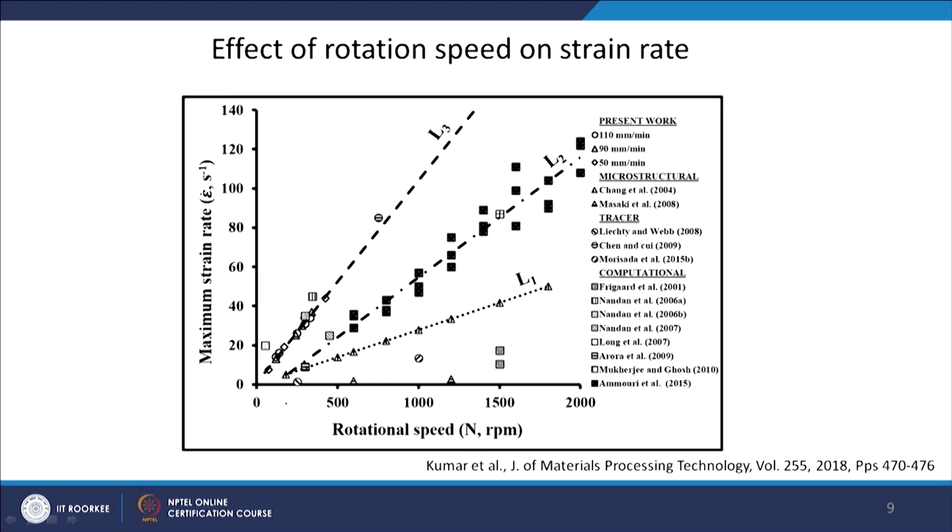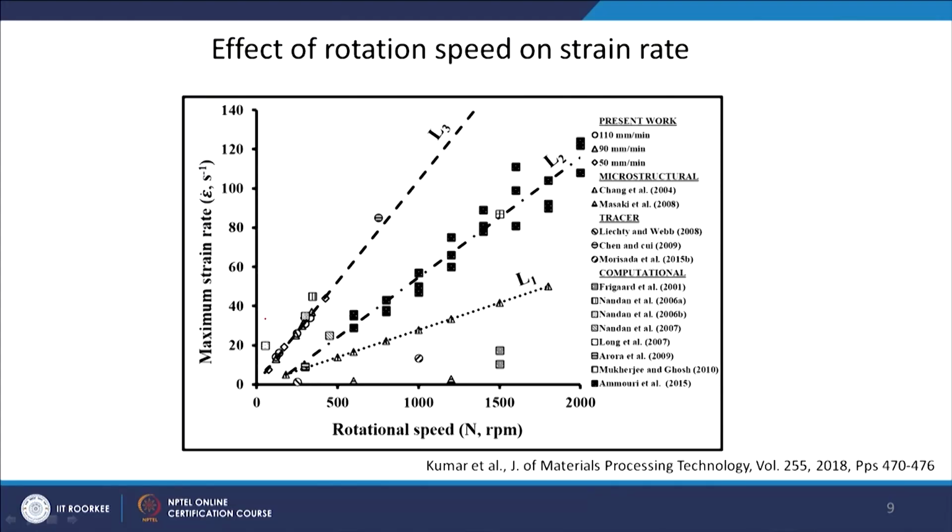As you increase the RPM, of course, the strain rate increases. That is clear in all the work: when you increase the RPM or rotation speed, your strain rate is going to increase. But which technique you use, mostly the strain rate calculation depends on that.